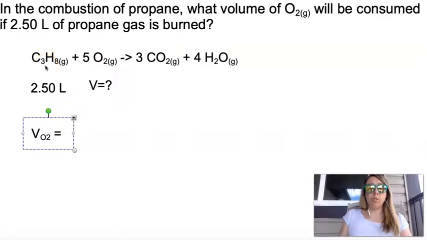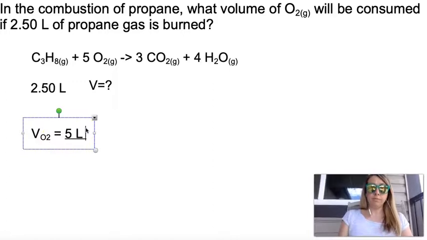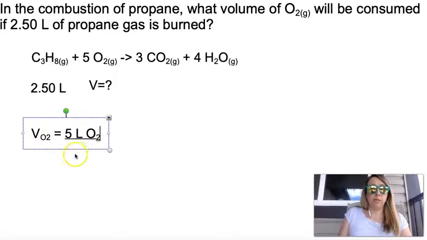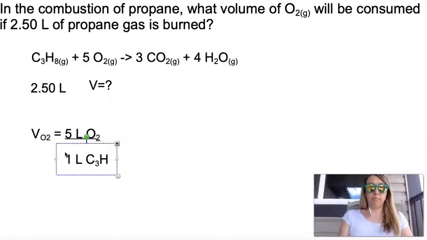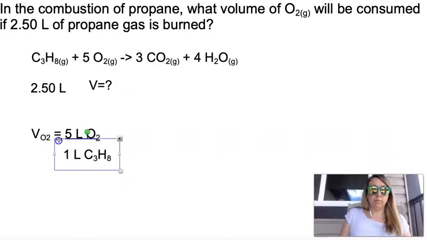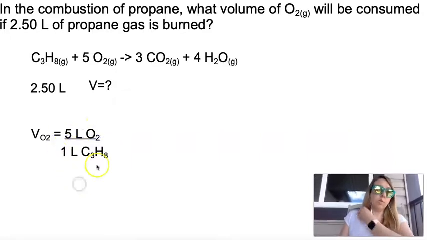Literally all we're going to do is switch it to liters of oxygen and liters of propane. Because we are trying to solve for volume of oxygen, we're going to put the 5 liters of oxygen on top. On the bottom of our ratio, we're going to put the 1 liter of propane. So there's our ratio. It's a volume ratio instead of a mole ratio.